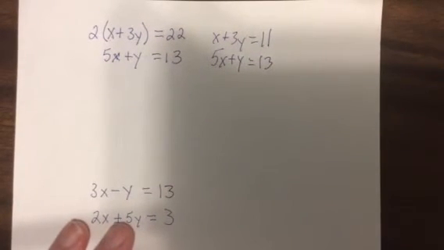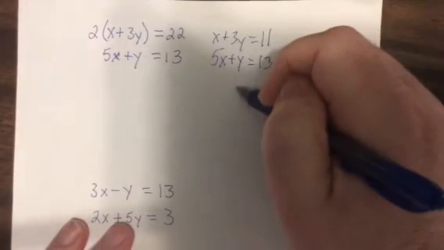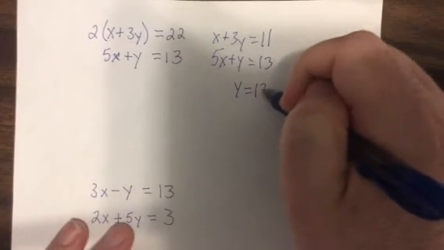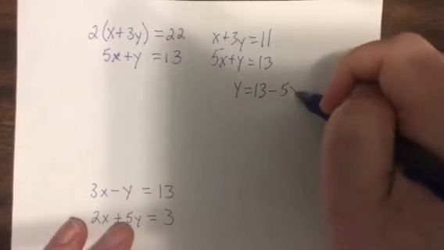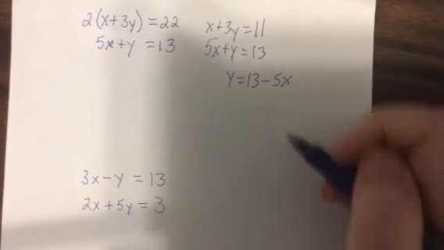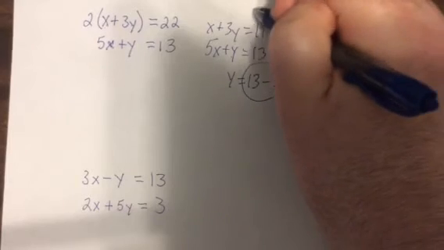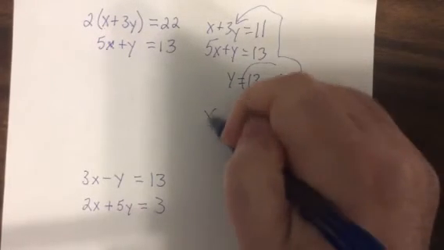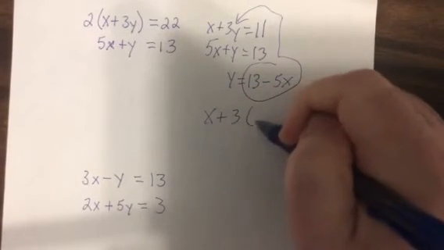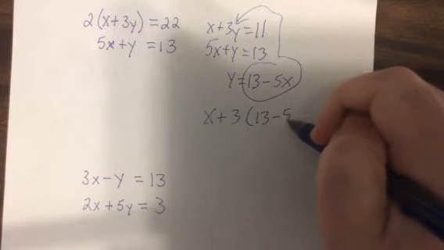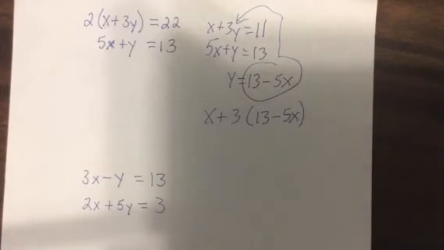I'm going to solve for this y. So we're going to take this and plug it into this. So I'd have x plus 3 times (13 minus 5x).